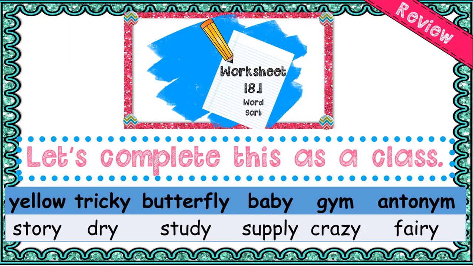So I want you to look at the top in the box, and I want you to read the words going across with me. Yellow, tricky, butterfly, baby, gym, antonym, story, dry, study, supply, crazy, fairy.